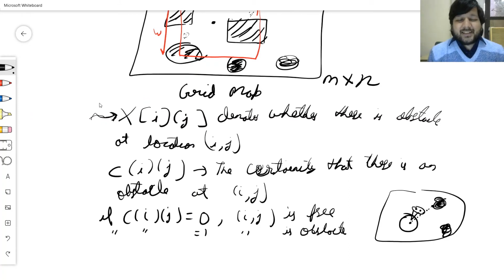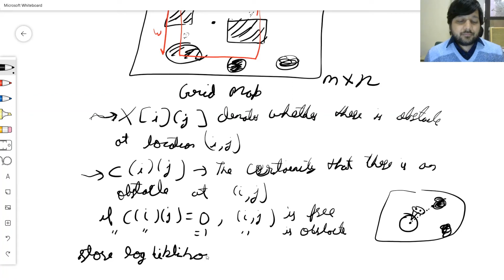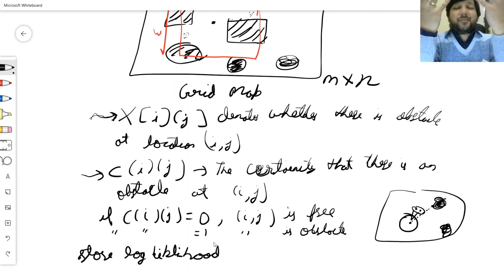So what I do is, instead of this, I store this. What I store is, I store log likelihood. So sometimes sensors say this is an obstacle. I increase my confidence of the point 5 comma 3 being an obstacle. Sometimes they say it's not an obstacle. I increase my evidence for not being an obstacle.